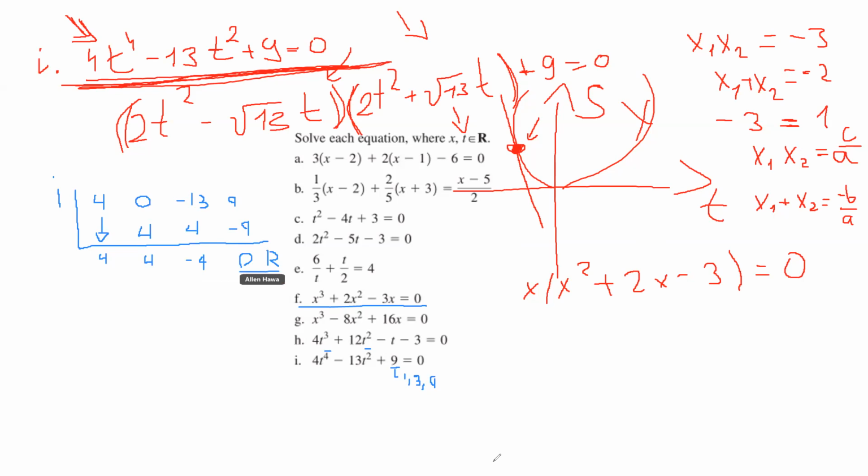And then you have your x. You take the 1 and you flip the sign when you plug it in.